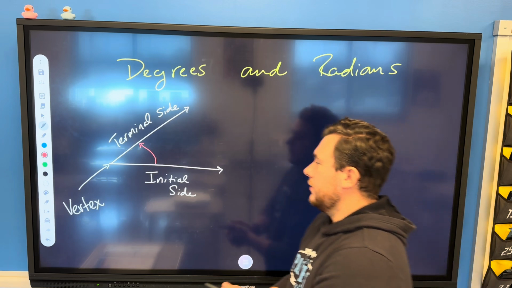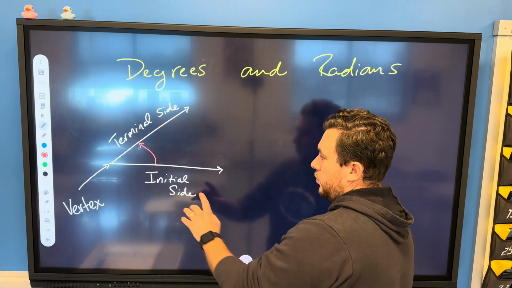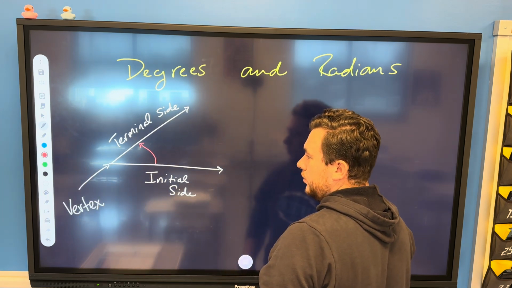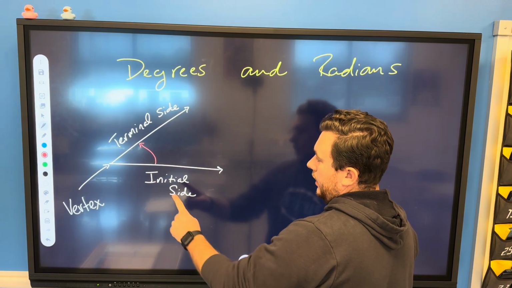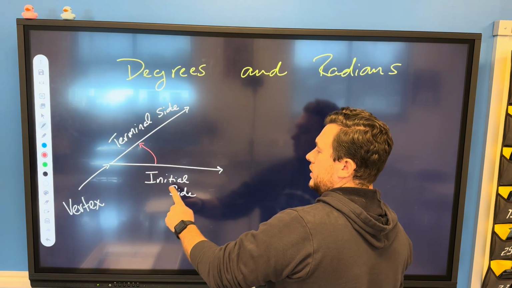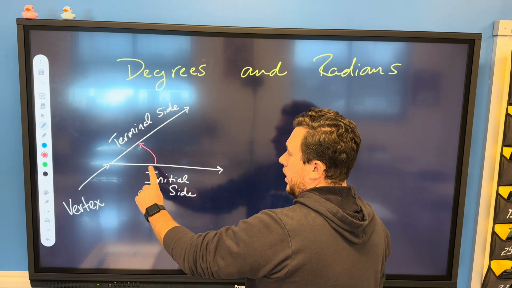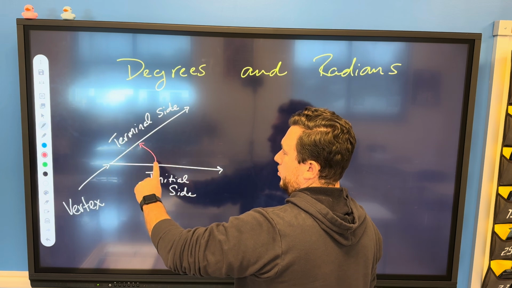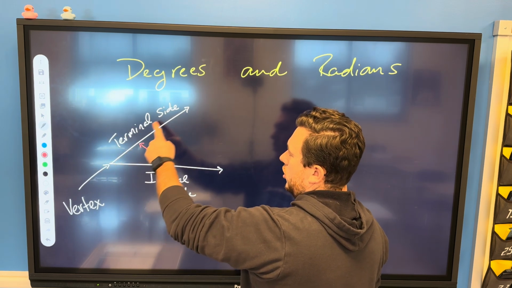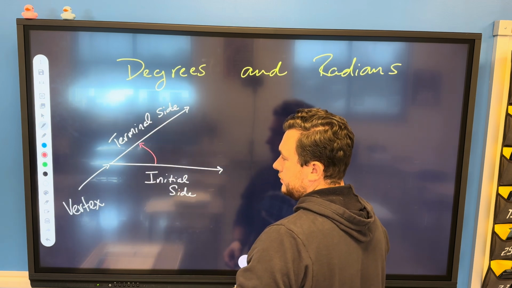So first thing for us to talk about is when we rotate around, okay, really the unit circle, right? And we're looking at here, the starting point is called the initial side. As we rotate up, okay, in a positive direction, wherever we're stopping is called the terminal side.